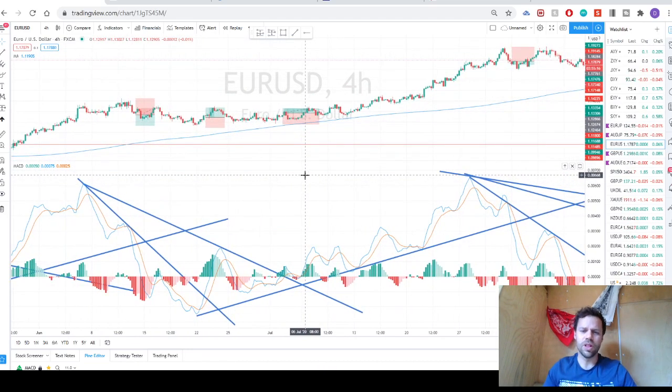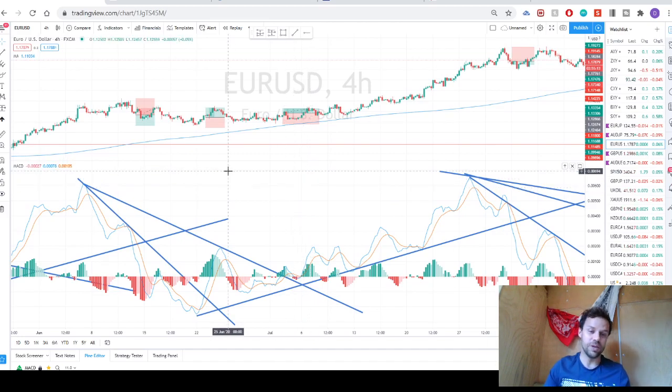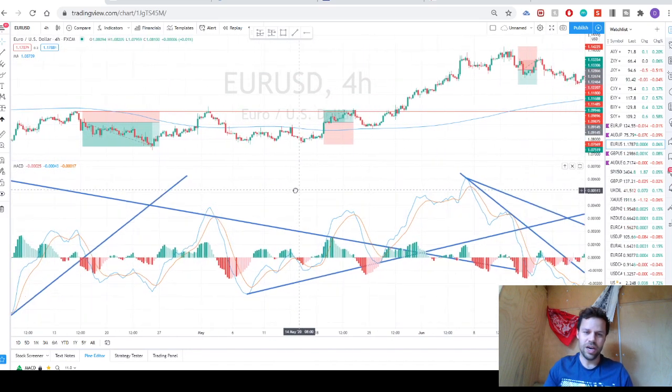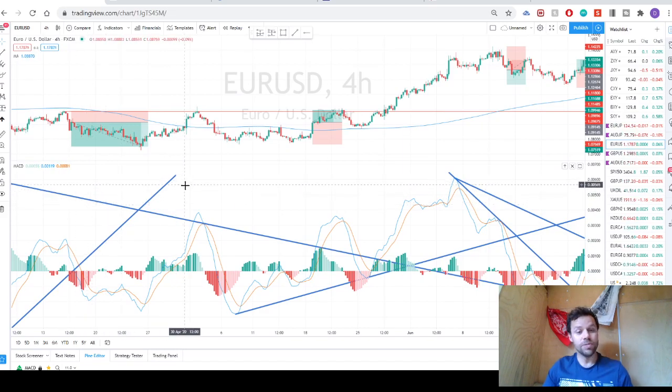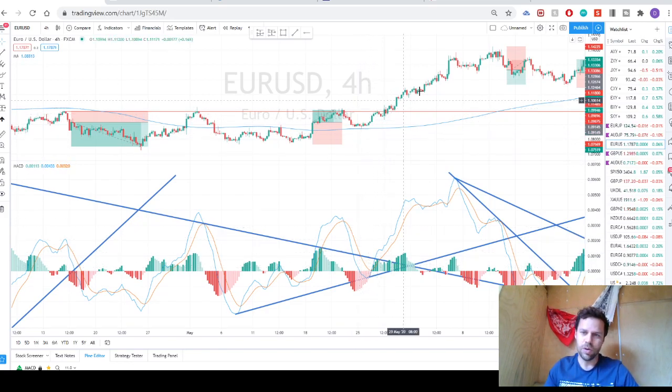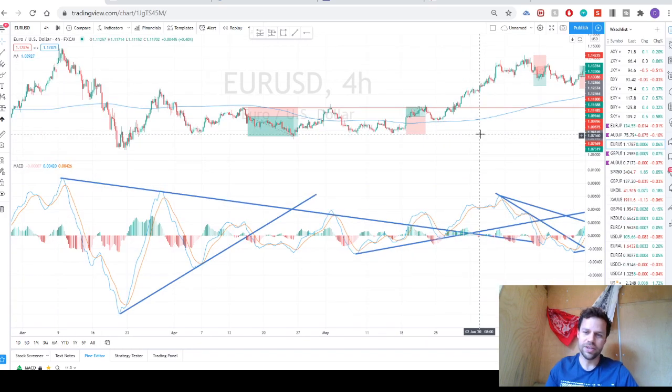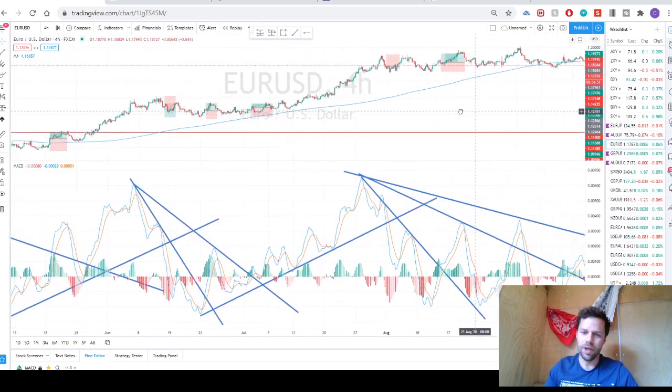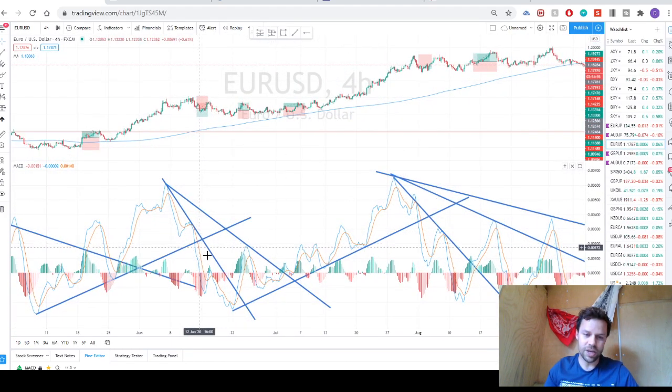A few things I would like to point out that I'm noticing with this strategy. Sometimes it breaks out of the trend line, comes back and bounces on the trend line, like here. And what happened here? Wham, mega trend, right? And another example is here.